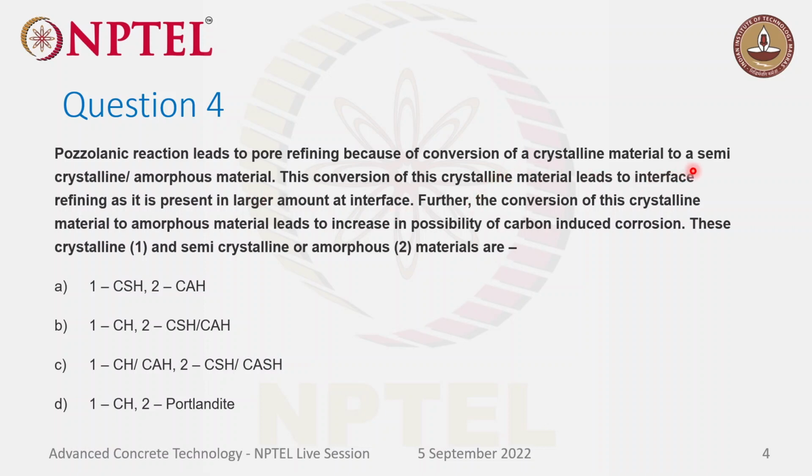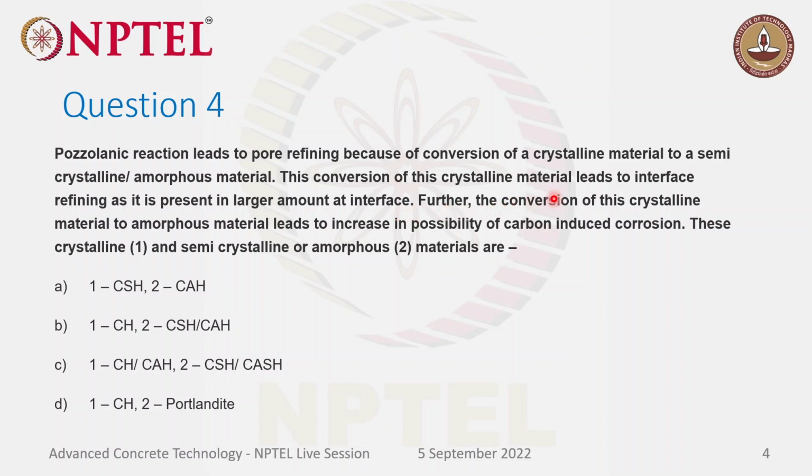You can avoid CSH and think about the rest of the hydration products converting to a semi-crystalline or amorphous material. This conversion leads to interface refining, particularly in the ITZ zone, as it is present in larger amounts at the interface. They are saying there is more space available for this particular hydrate to form in the ITZ.